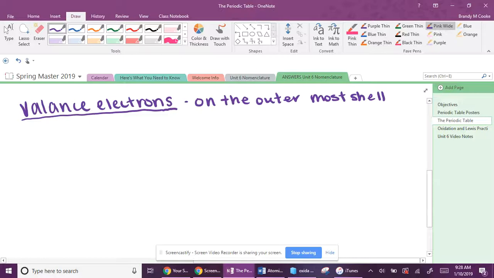And more importantly, they are the electrons that are responsible for bonding. So anytime there's an interaction between two or more atoms, it's because of those valence electrons, whether they're being lost or gained or shared.